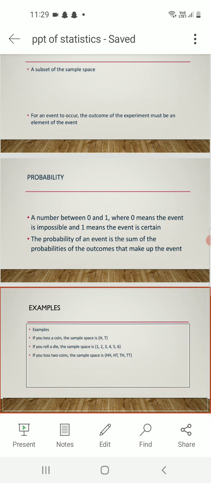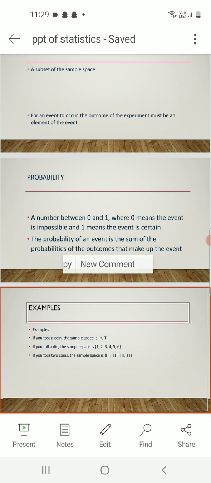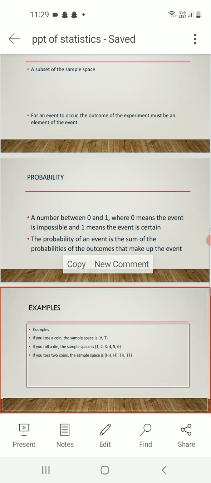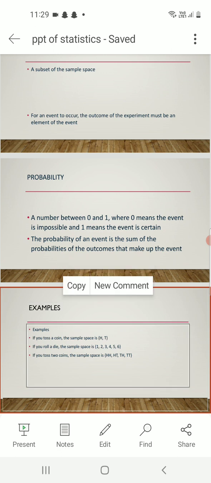Then the second example: if you roll a die, then we get the sample space S equal to 1, 2, 3, 4, 5, 6. These are all the possibilities of your experiment.